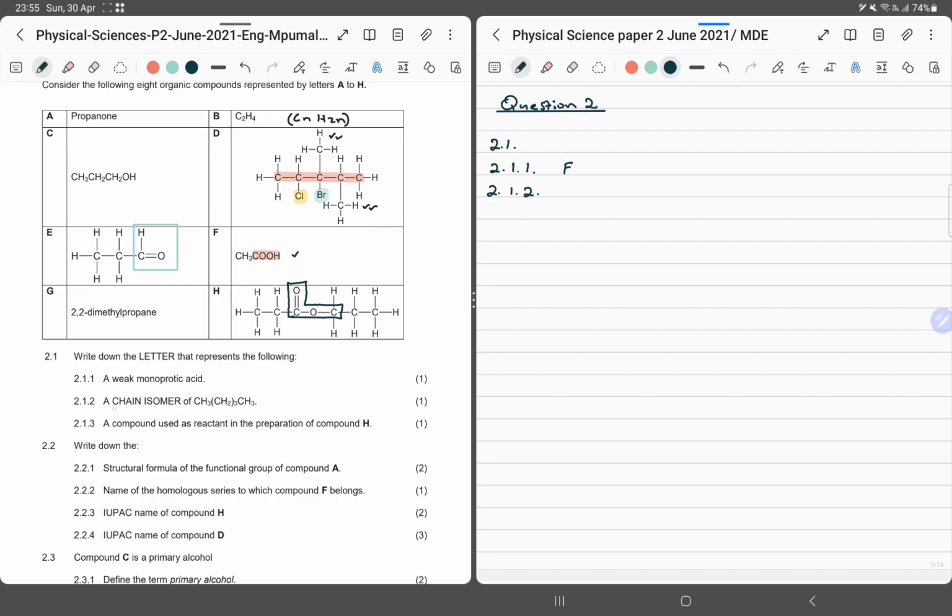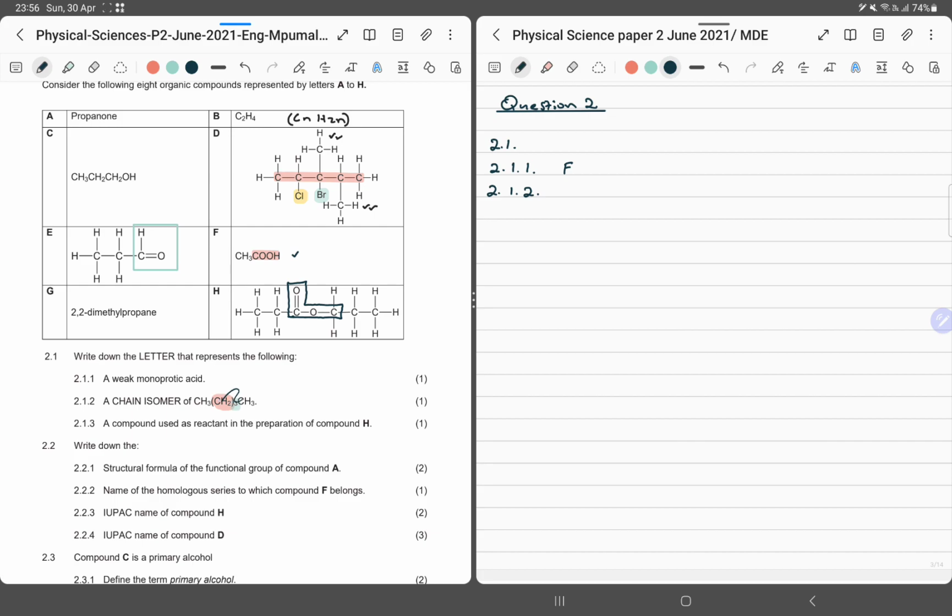Now let's look at 2.1.2, a chain isomer of, see what is happening here. If you've got, for example, a CH2 and it has a subscript, it means it is within that chain, okay? So you can already see that this is an alkane, essentially.